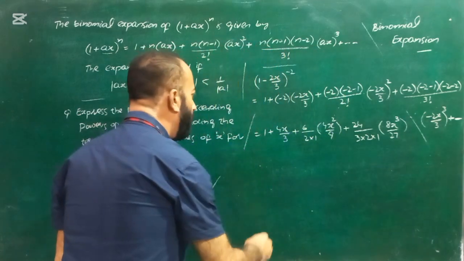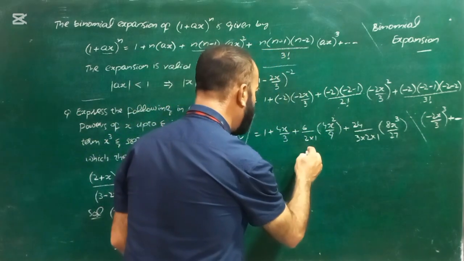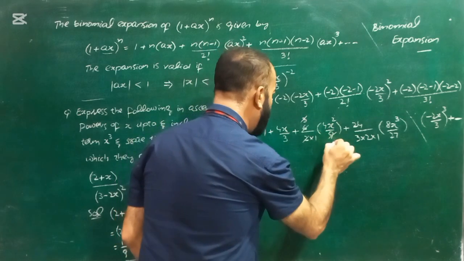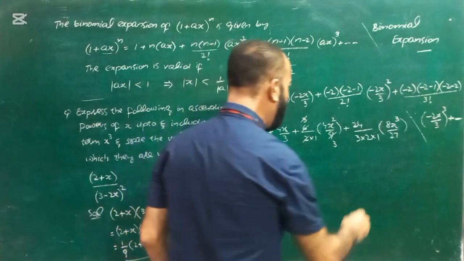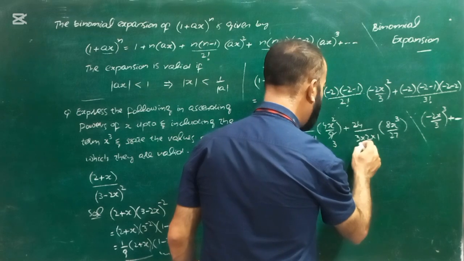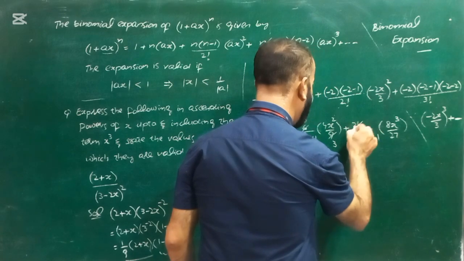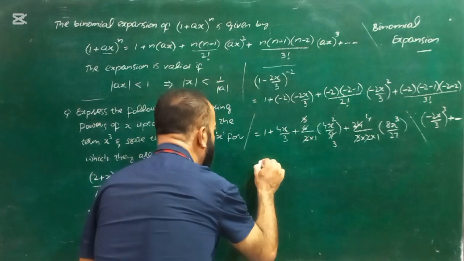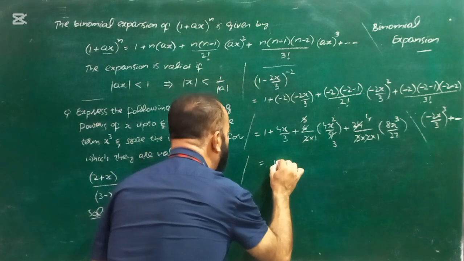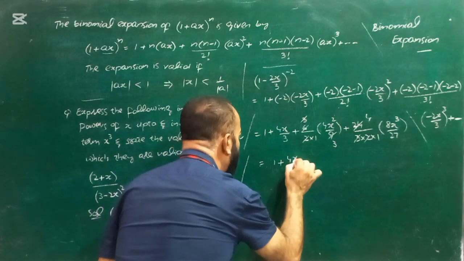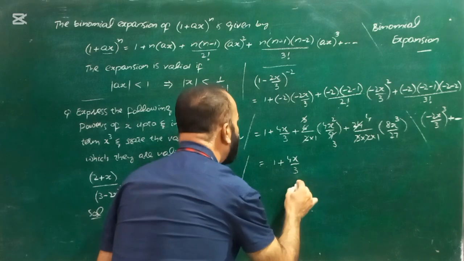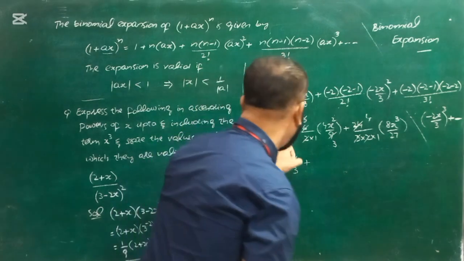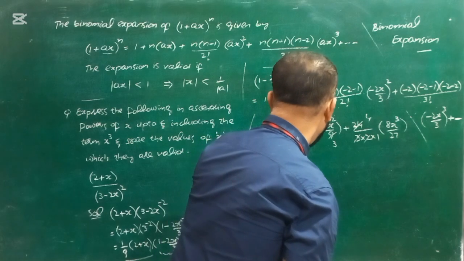Okay, finally cancellation will be there. So 2 3s are and 3 3s are. From here 3 2s are 6, 4s are 24. Okay, now the next step will be 1 plus 4x over 3 plus, this is cancelled.